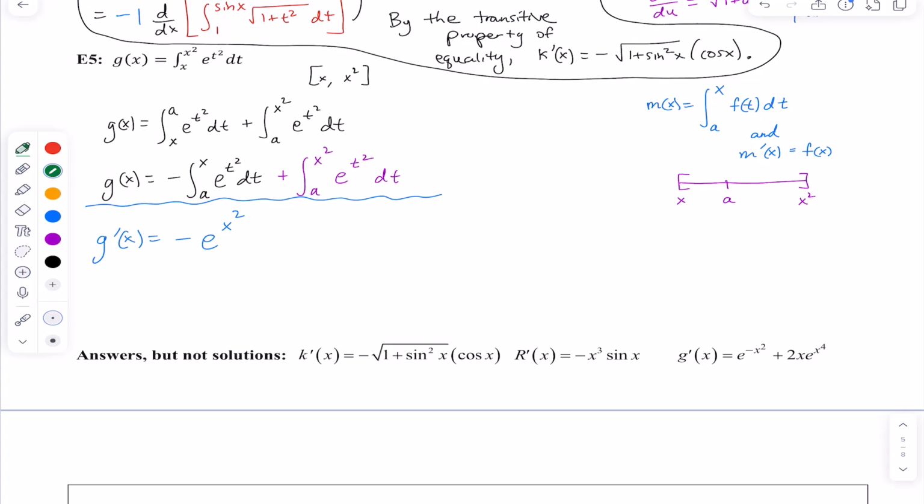We need the derivative of the outside function evaluated at the inside function. There it is, times the derivative of the inside function. There it is. Therefore, we have the derivative of g with respect to x. It is simply going to be this function here.